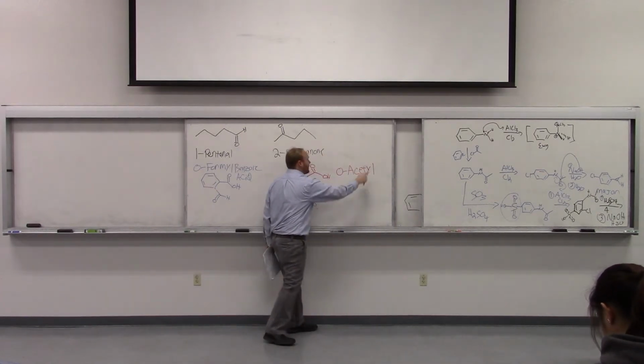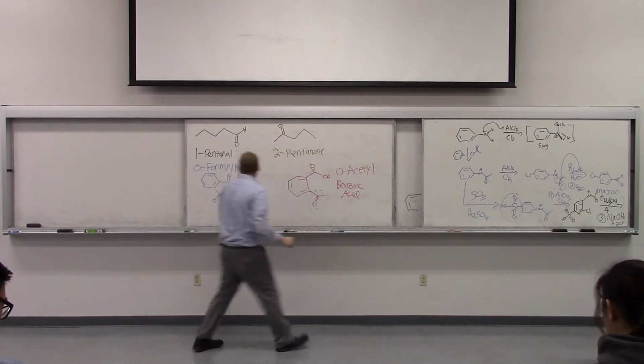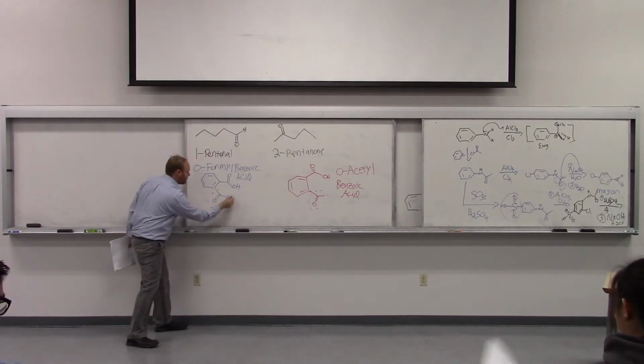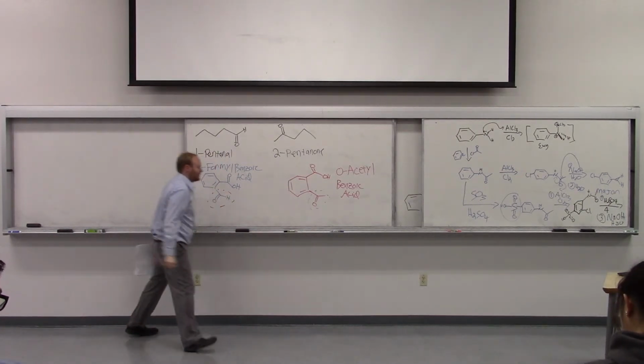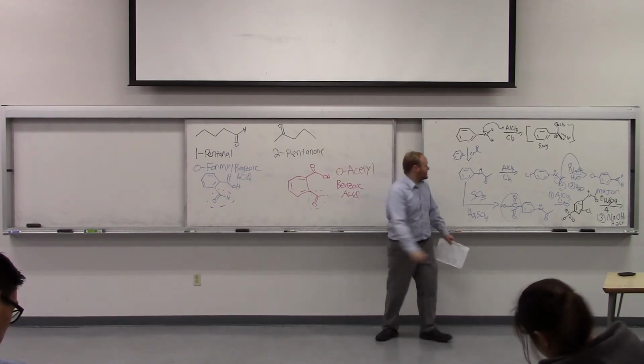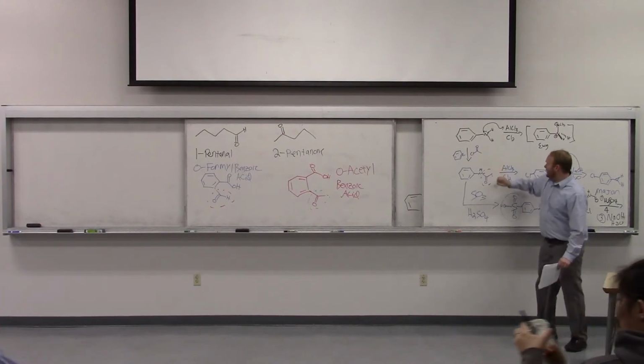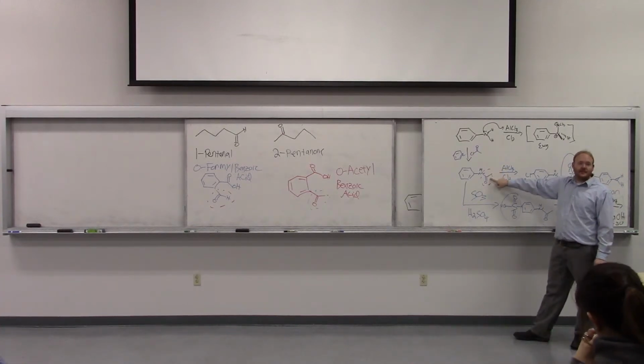So ortho-acetylbenzoic acid. This substitution is formyl. This substitution is acetyl. Just to give an example from this last thing, off the nitrogen, this is still an acetyl group.